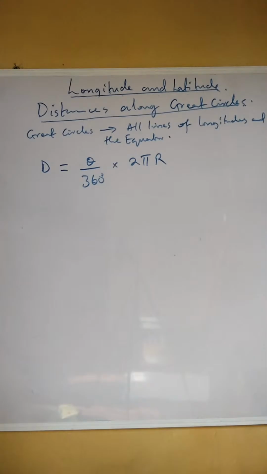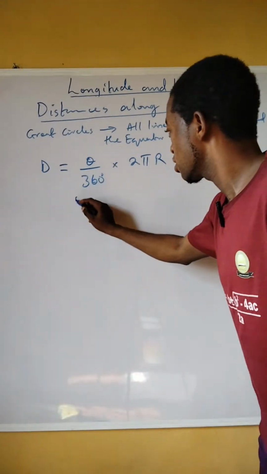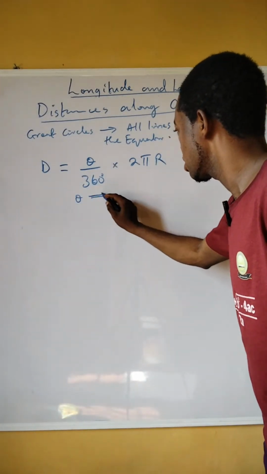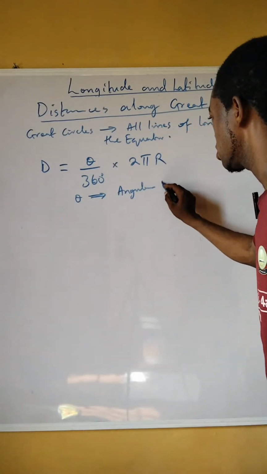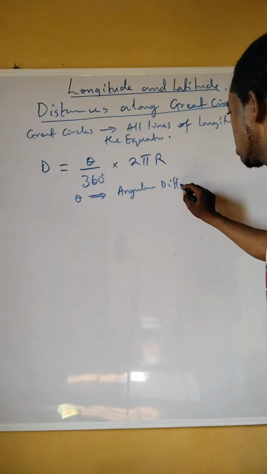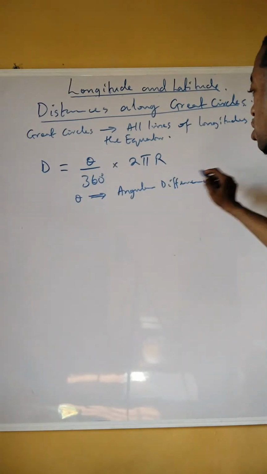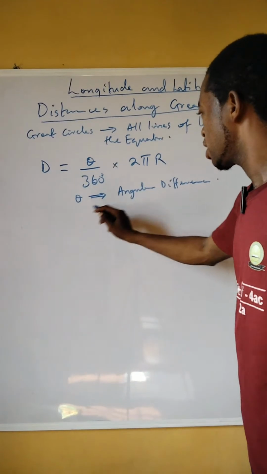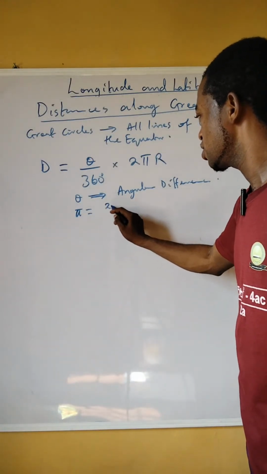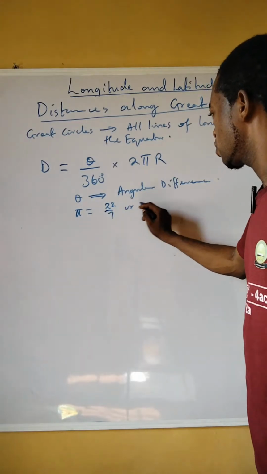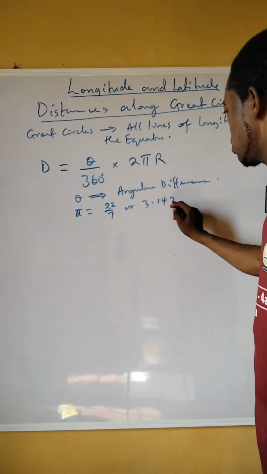Now here, this theta is symbolizing the angular difference or angular distance between those 2 points, and pi could be whatever is given, be it 22 over 7 or 3.142.